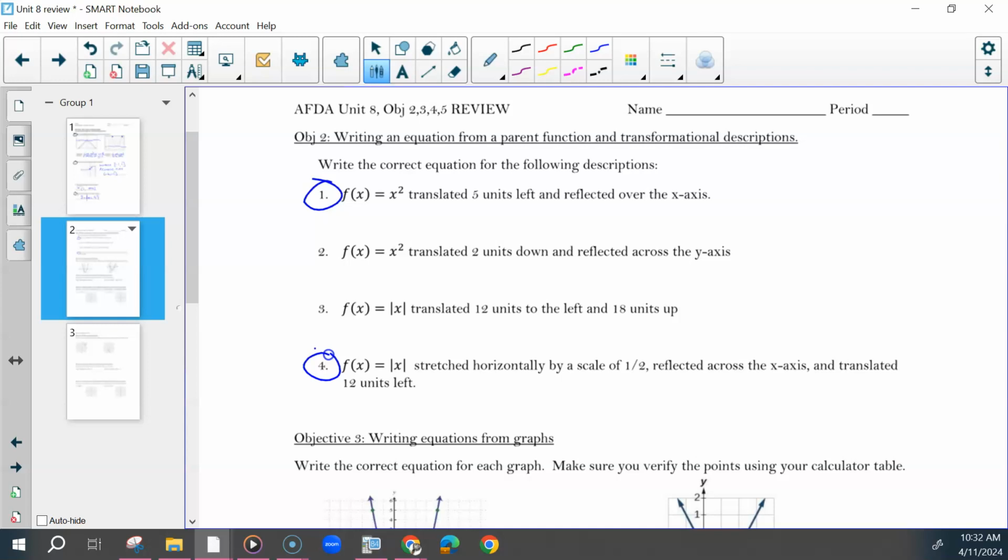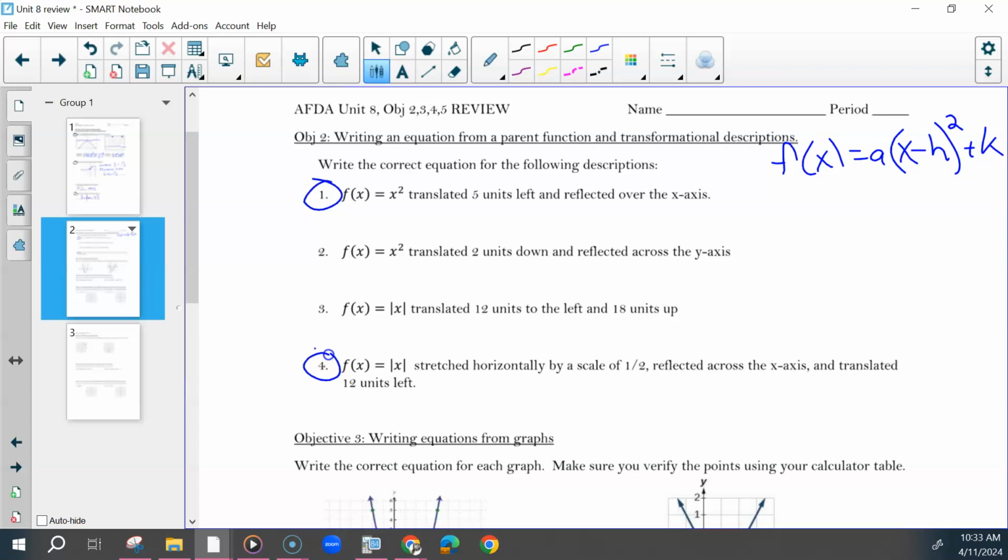So we have to write the equation. Remember that your equation is going to look like one of these two formats. F of x or y equals a. For your x squared, that's going to be parentheses, x minus h, outside of those parentheses, squared plus k.